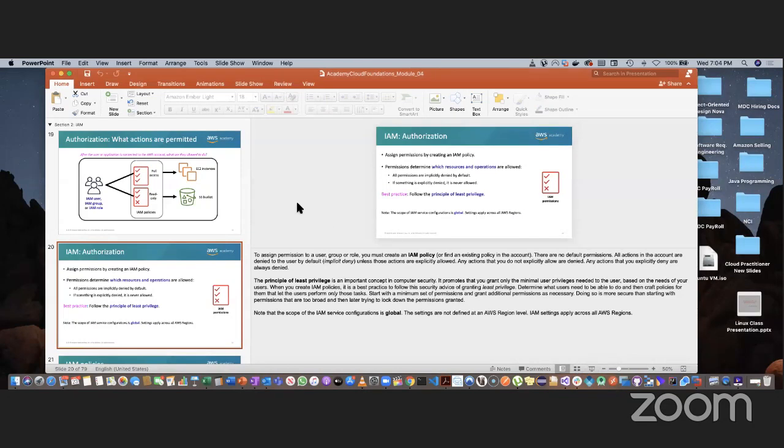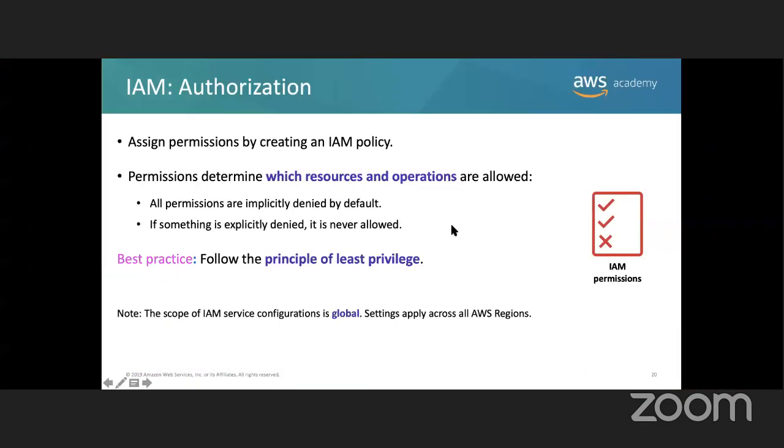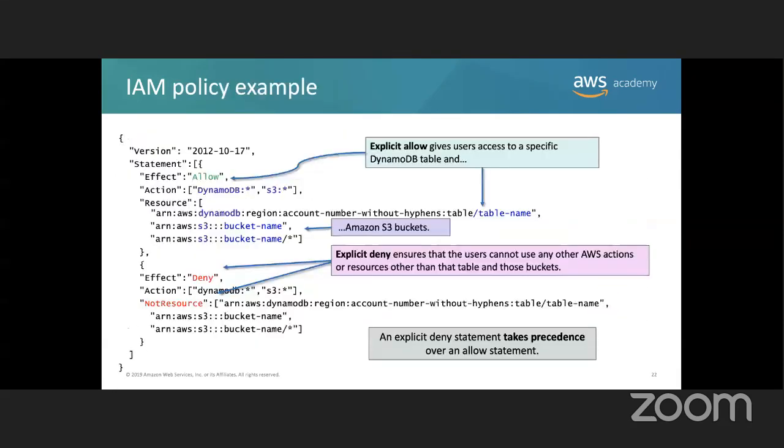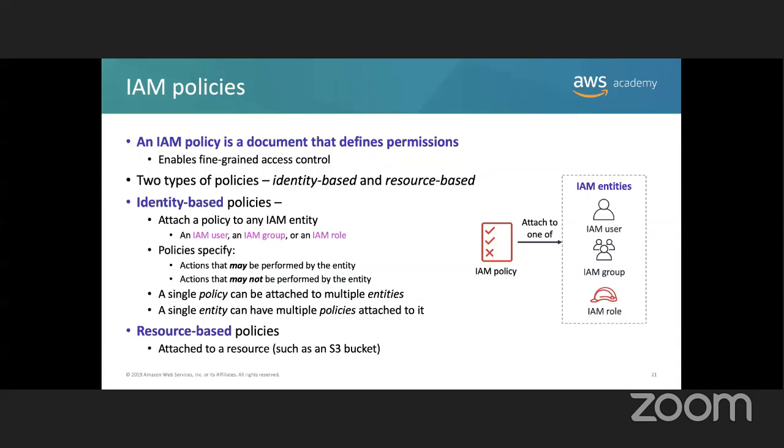So we continue. Okay, so we assign permission by creating an IAM policy. Attach a policy to any IAM entity: user, group, or role. Policies specify actions that may be performed and actions that may not be performed.